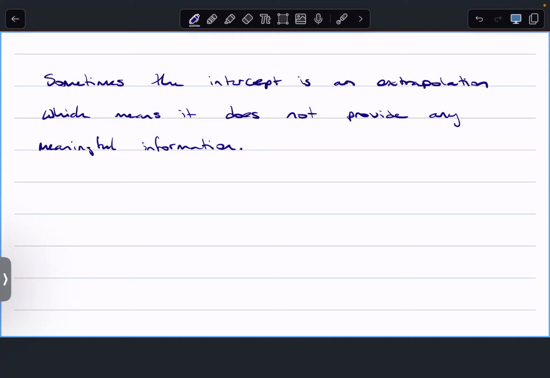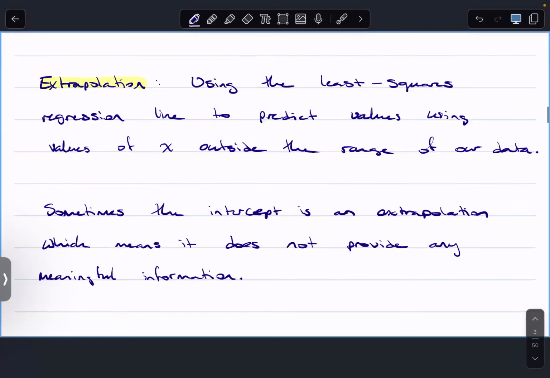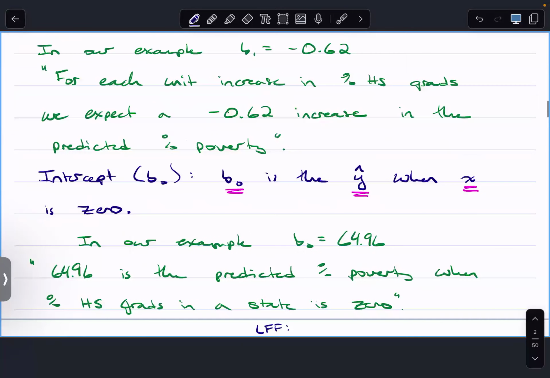So like I said, sometimes I'll get you to find the intercept, interpret the intercept, and then as a follow-up, I ask, is it meaningful? Is the intercept meaningful? What would you have to play around with then? You'd have to argue one way or another. Let's go back to the interpretation of the intercept.